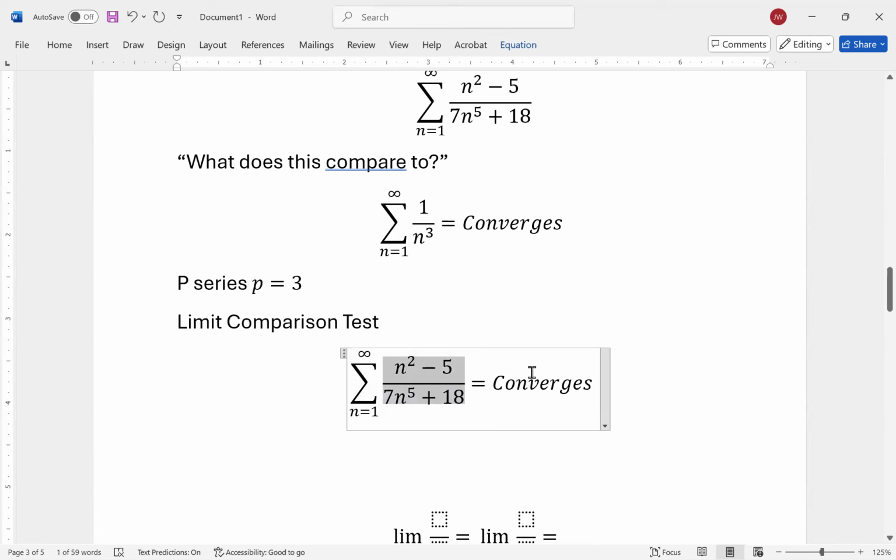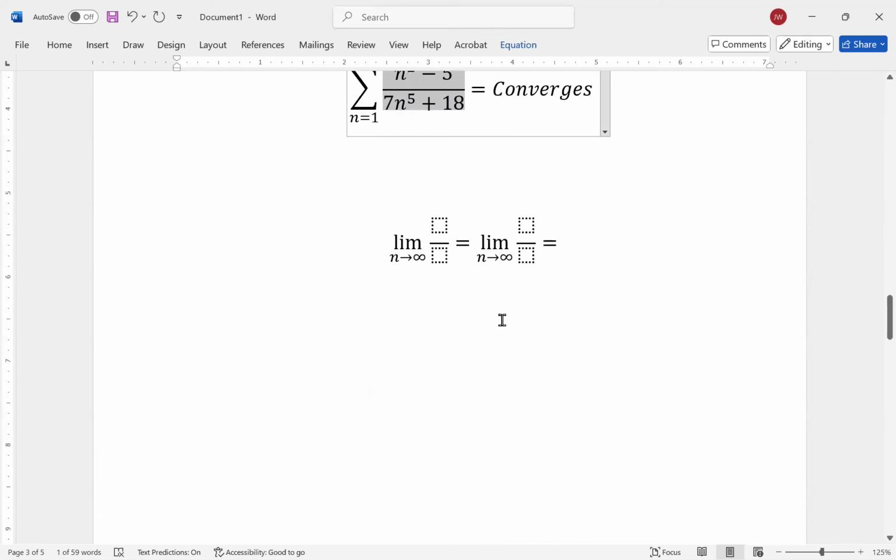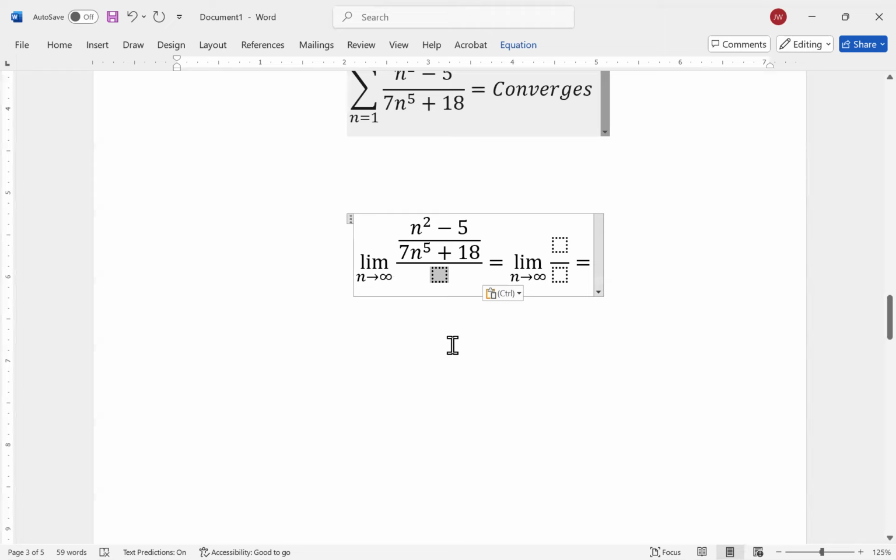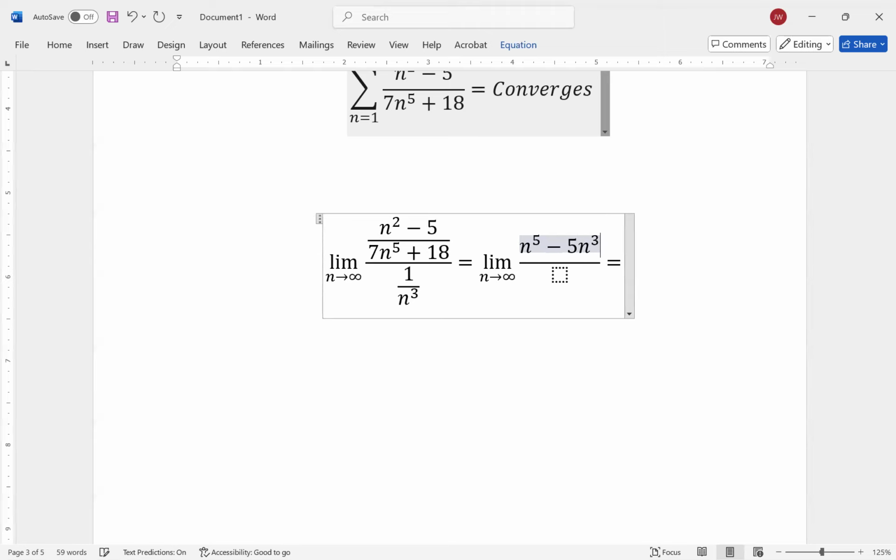But obviously, if we wanted to confirm that we got what we were looking for, I just take either my original series divided by 1 over n to the third, or 1 over n to the third divided by my original series. If I do that, when I multiply n to the third on top and multiply 1 in the denominator, so in other words, multiplying by the reciprocal of 1 over n to the third, that would give me n to the fifth minus 5n to the third on top.